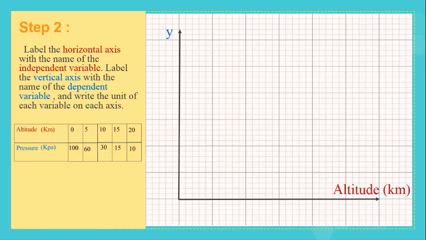Label the x-axis with altitude, surely with the unit kilometer. What is the dependent variable? The dependent variable is pressure. Write pressure on the y-axis or the vertical line, surely with its unit kilopascal.